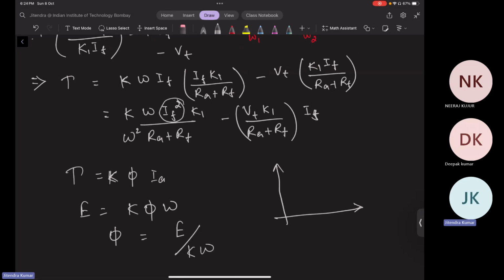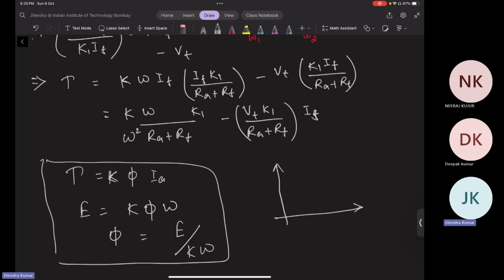From this expression, in place of IF, we can use this expression here, and this omega square was not earlier present. Earlier only IF was present, so IF square was here, right? I hope you are not getting confused. This term IF square is here, right?